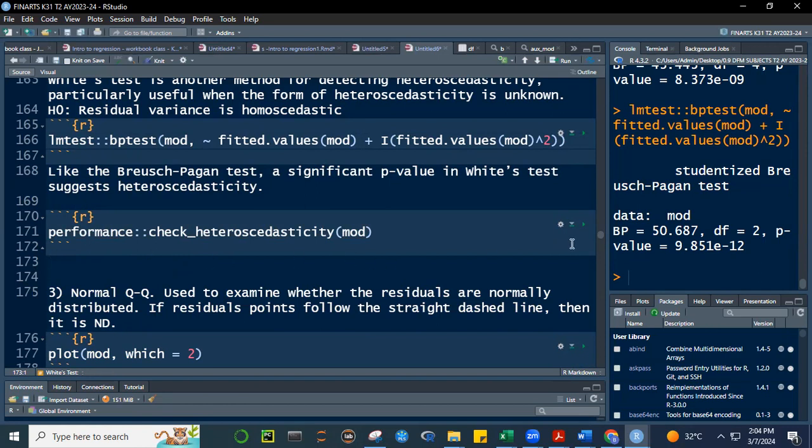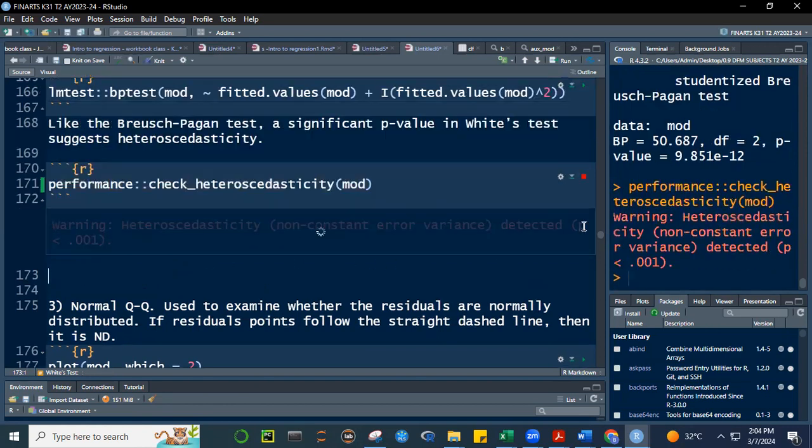Let's run this. Okay, so it says here, warning: heteroscedasticity, non-constant error variance detected, p less than 0.001. So there's this warning that our residuals are not homoscedastic.